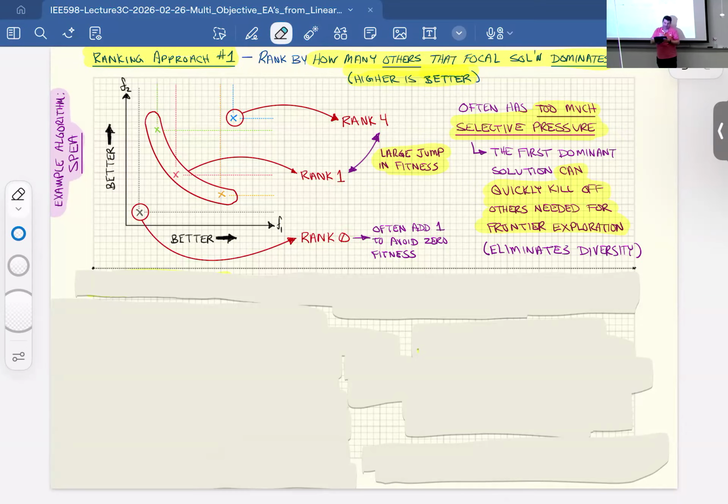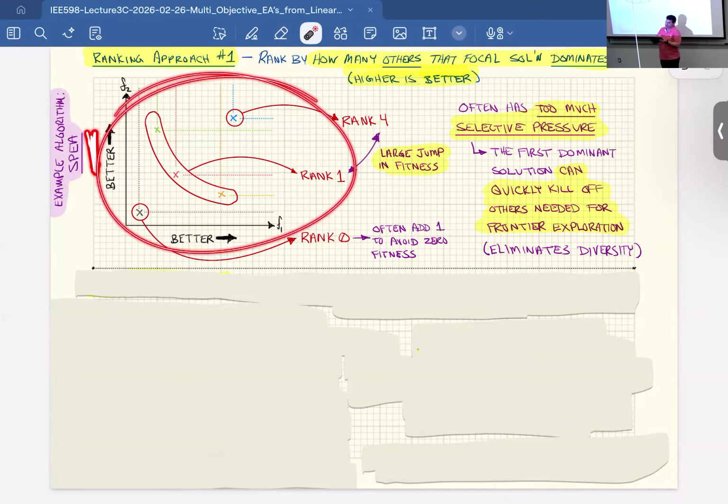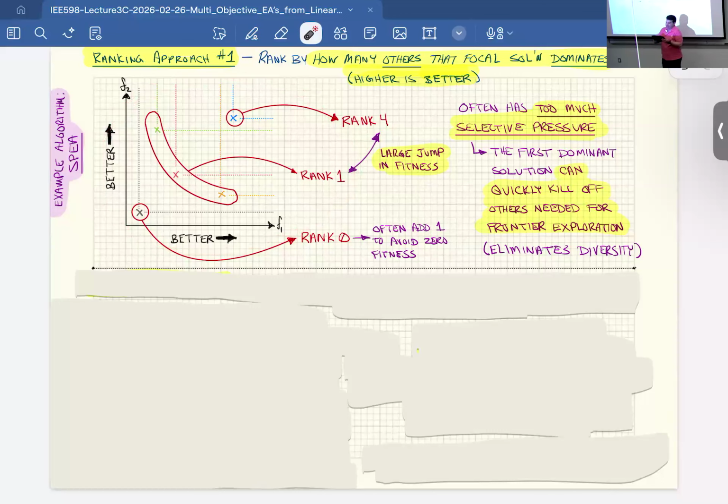The problem with this, which is used in, I forget what SP, it's like strongest Pareto evolutionary algorithm, something like that. So these multi-objective algorithms that use this, a problem with this is it adds a lot of selective pressure. It purges diversity very quickly if you don't then scale that fitness afterwards.